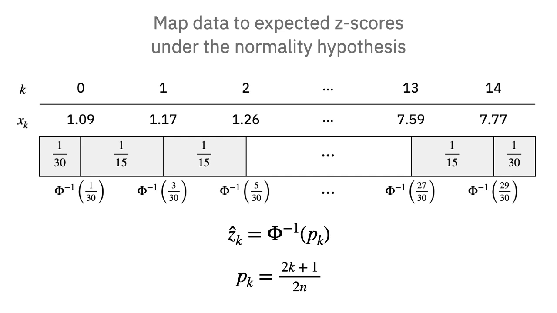The z-score we would expect for the second value is the inverse cumulative probability given proportion 1/30 plus 1/15, and so on. Let's use the notation z hat to distinguish this z-score from the z-score we calculated earlier directly from the data in the sample.